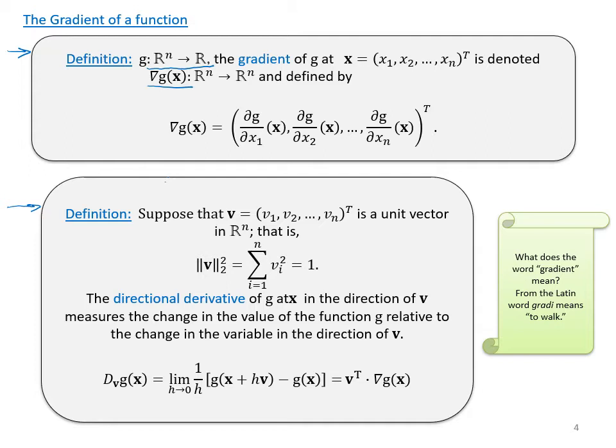And the directional derivative is a special case of the so-called Gateaux derivative. Let's formulate the definition. Suppose that v is a unit vector in Rn. The directional derivative of function g at point x in the direction of v measures the change in the value of function g relative to the change in the variable in the direction of v. And formula 1 represents this definition.